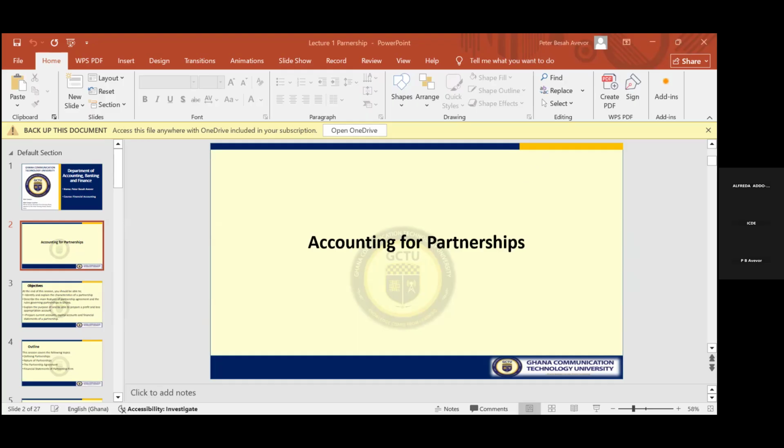Those of you who gave the definition, is it 2 or more persons coming together to run a business? And my question is, when you say 2 or more persons, the word persons, what does it connote? Or what is your understanding of persons as you've stated in the definition?